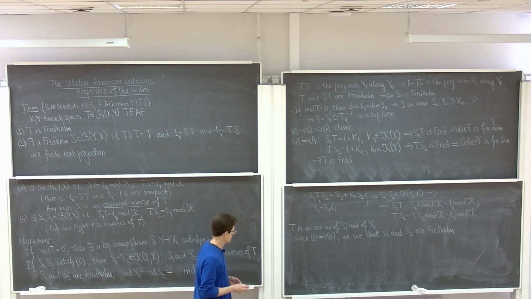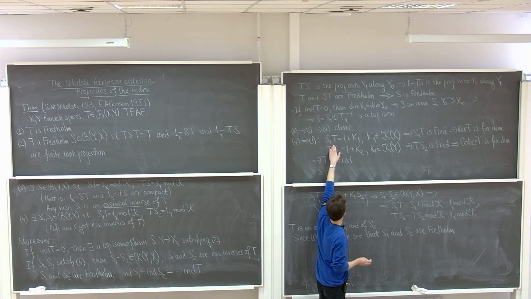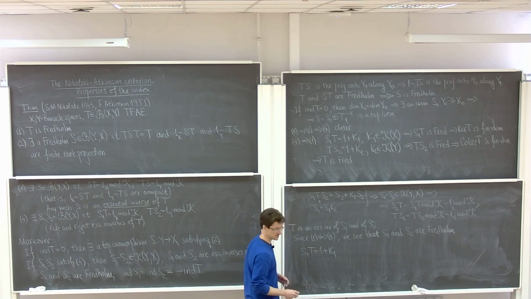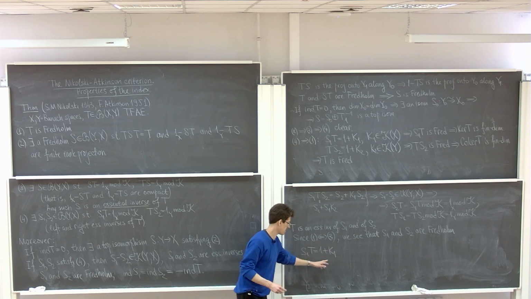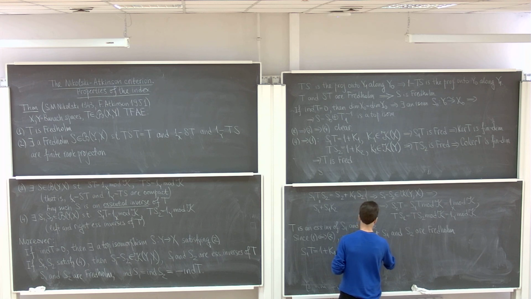And finally, we have to calculate the index. Well, we look again here. S1T is 1 plus K1. And again, by the Riesz theorem, this is a Fredholm operator of index 0. So the index of S1T is 0.